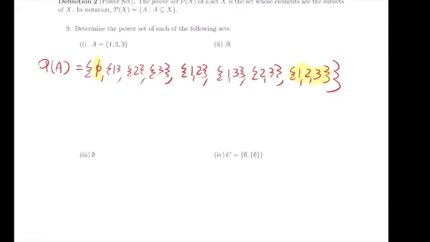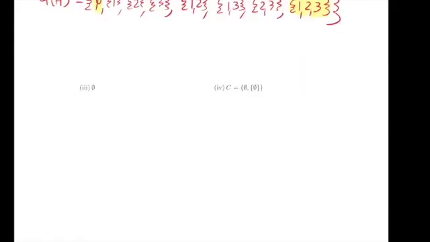Okay, so taking a look at the empty set, if we were to look at the power set of the empty set, right, then this set contains nothing. So the empty set is, again, going to be a subset of everything.